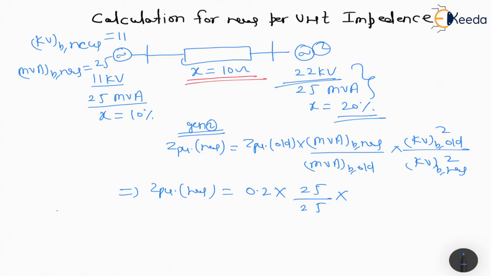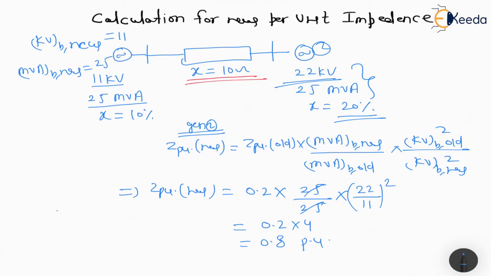So the voltage ratio is 22 upon 11, old upon new, squared. The MVA terms cancel out, and 0.2 into 4 comes out to be 0.8 pu. So now we have all these values.